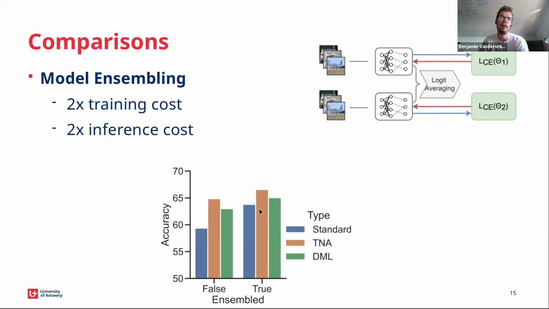And if you combine them like that, you can get even better gains. Now, the disadvantage of combining them with ensembling is that you lose the single network inference cost, so you have double the inference cost, but it shows that you can still use ensembling on these methods as well to, if necessary, increase the validation accuracy even more.